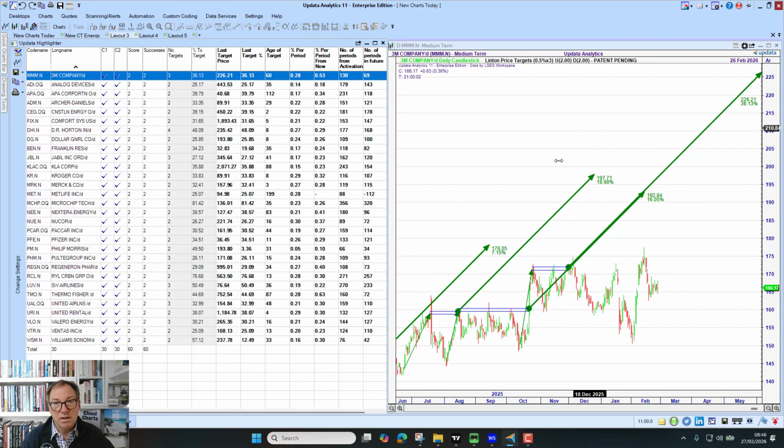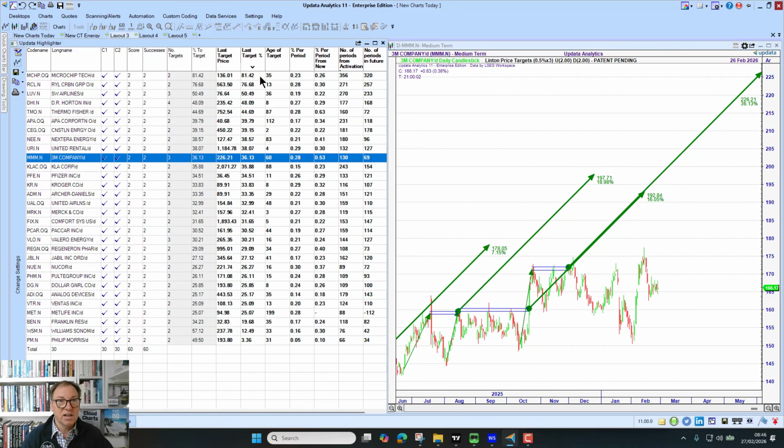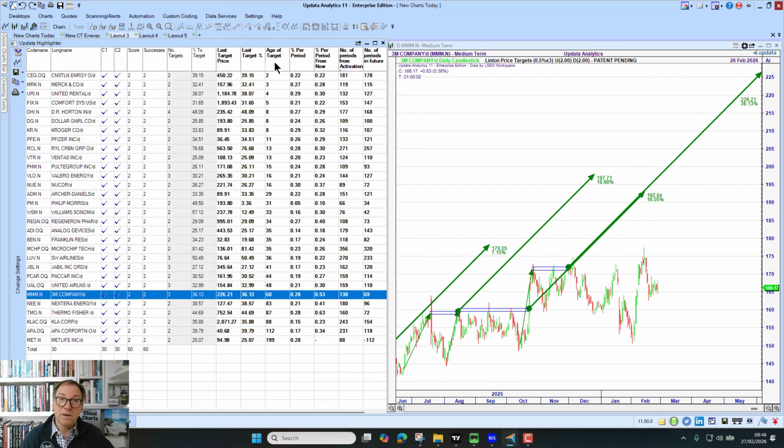And I just ran it on the S&P 500, and we can see here the power of the scans. So this is where they're ranked alphabetically. You can go for the largest target, but that's been priced. You can go for the largest percentage target. So it's Microchip Tech. They've got the largest upside target, 81%. You can see how long the target has been in place.